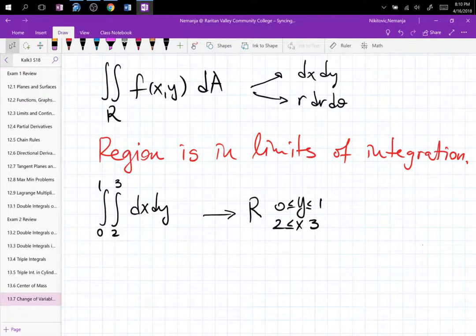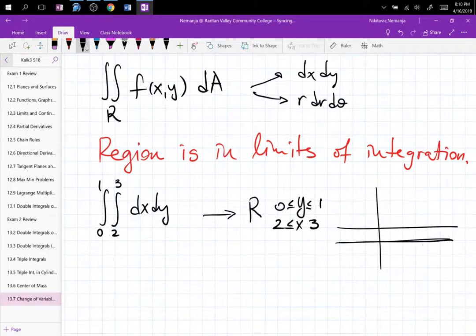So you can graph this quickly in the space. Y is between 0 and 1, and x is between 2 and 3. So this little square over here is your region R, and you read that from the limits.